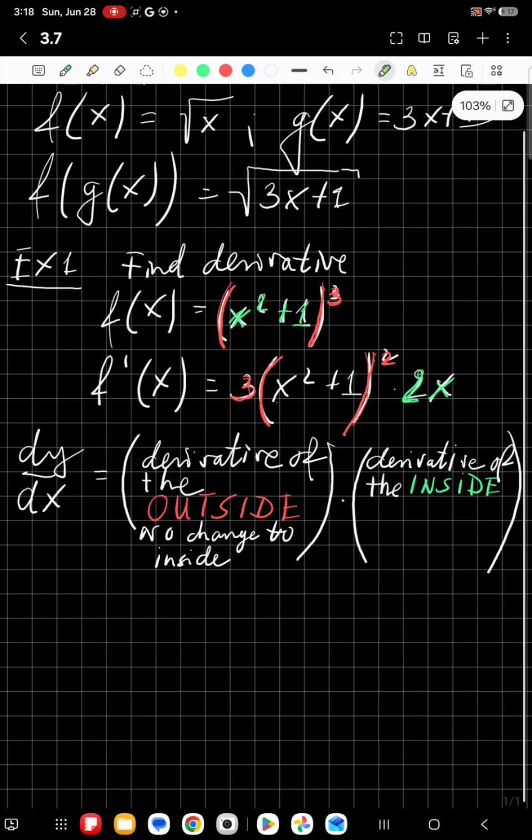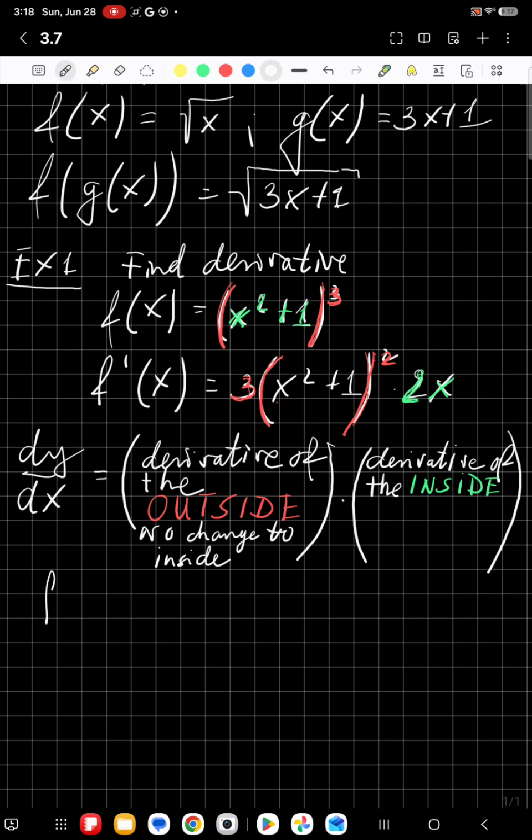Technically, when you have something like f of x equals x squared plus 1 to the third power, you could just multiply it out. It would be x squared plus 1 three times by itself.